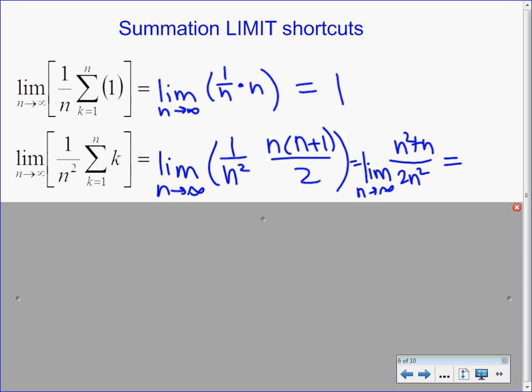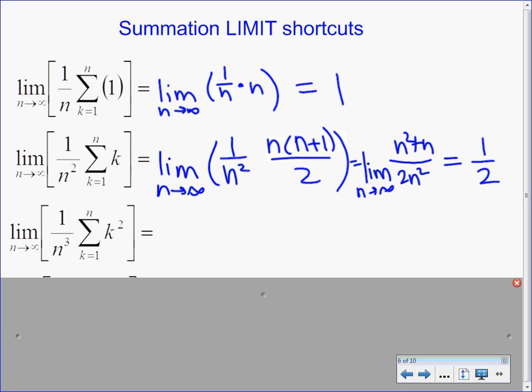Our horizontal asymptote. In this case, it's 1/2 because we have n squared over n squared. The degrees are the same, so we look at the coefficient. So our limit is 1/2. This is a nice little reminder, right?